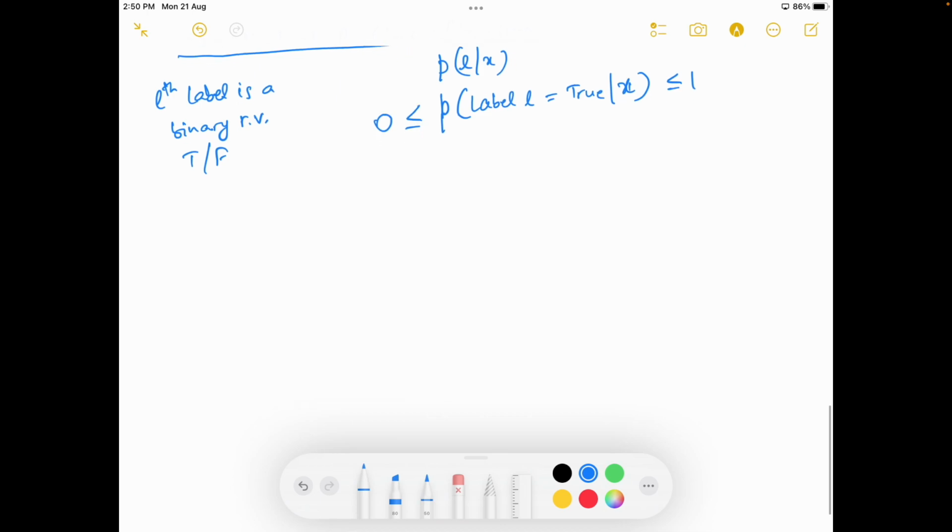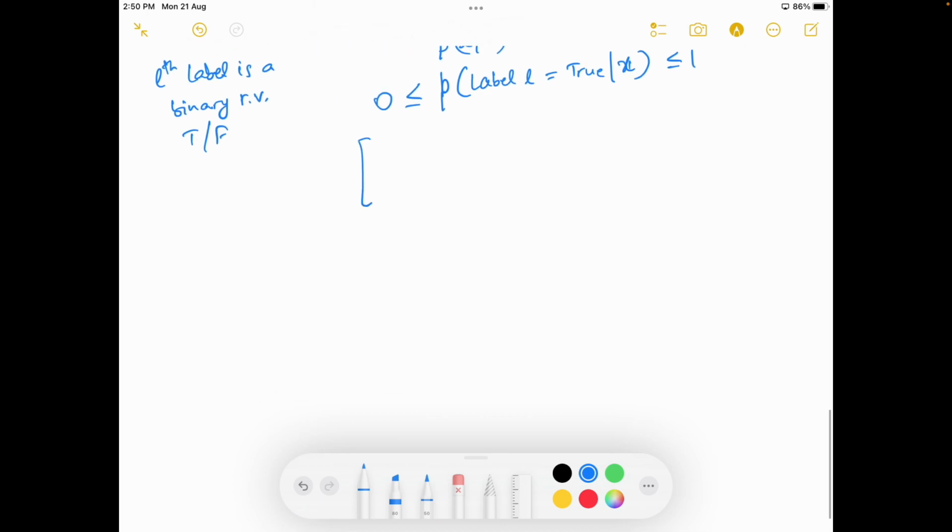So I need my vector y. Y is a vector of length n. Let's say if there are n number of labels, then a vector of length L. And each entry should follow the constraint that it should lie between 0 and 1. What is a function which lies between 0 and 1? Sigmoid. Or if you have a tanh, you can do some manipulation and squash it to 0 and 1.